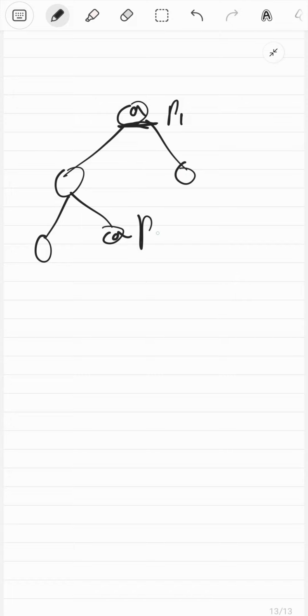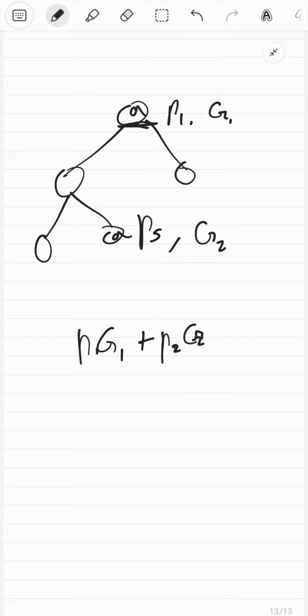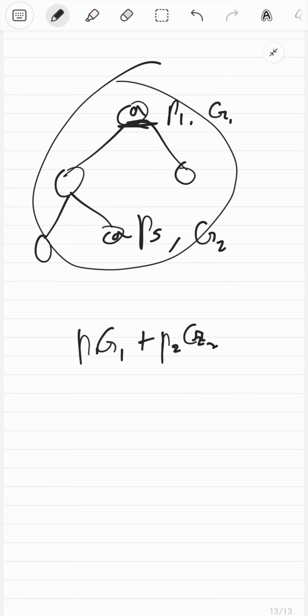Then let's say the gain is g1 and the gain is g2. So you'd be doing something like p1 g1 plus p2 g2. That is the importance of this feature small a in this decision tree.